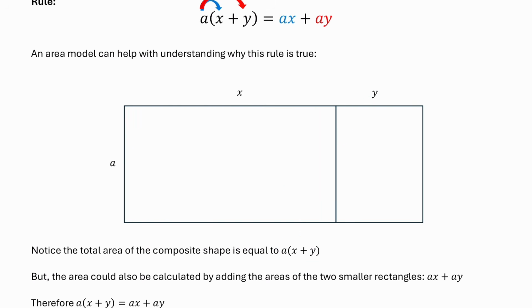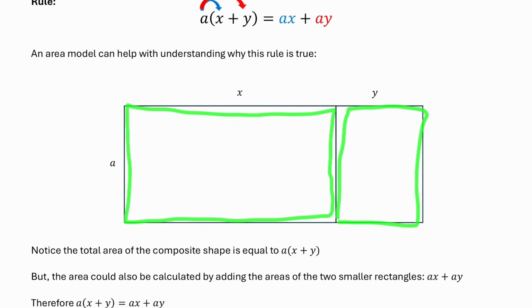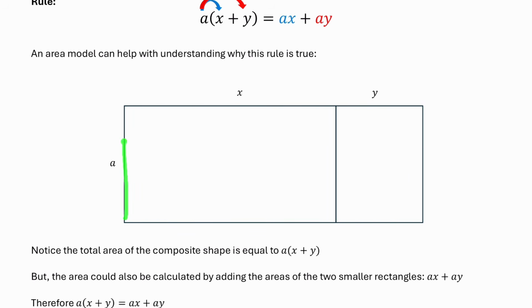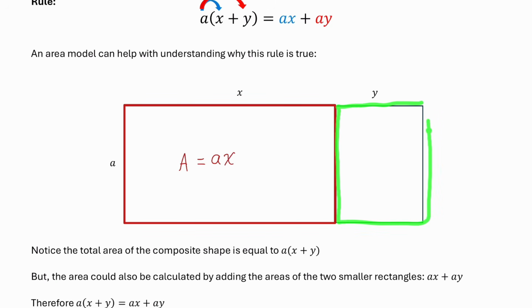But we could also consider its area by adding up the area of these two rectangles that make up the bigger rectangle. So if I just focus on the rectangle on the left, the length and width of that rectangle are a and x. So its area would just be a times x. And the rectangle on the right, its length is a and its width is y. So the area of that rectangle would be a times y.